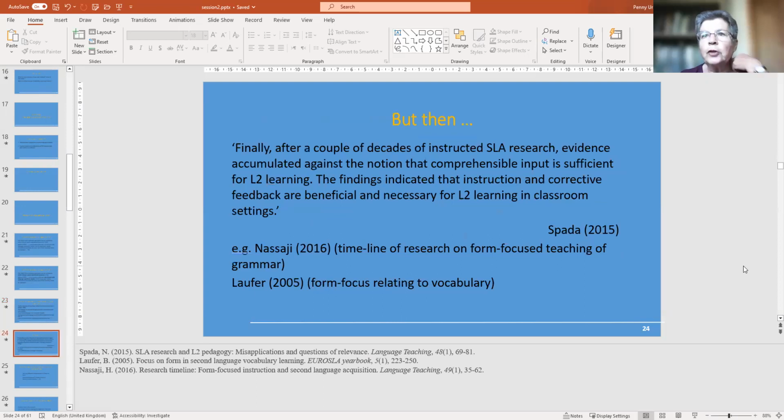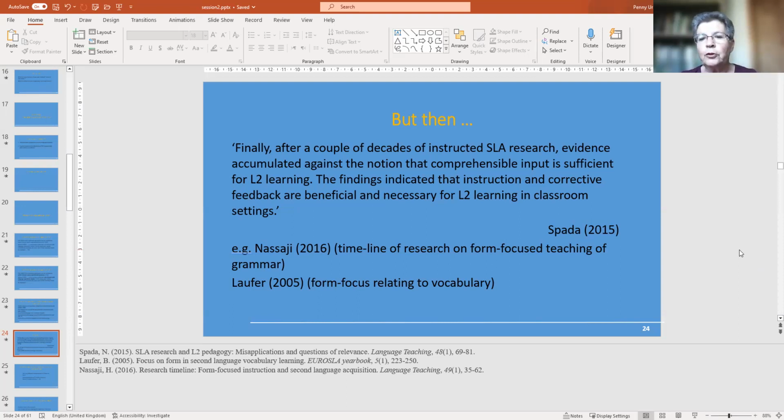And the Spada article I mentioned, and anything written by Lightbown and Spada I read, I think they're brilliant, very sensible and also solidly research grounded. And Spada does point out that after a couple of decades of instructed second language research, evidence accumulated against the notion that comprehensible input is sufficient for L2 learning.